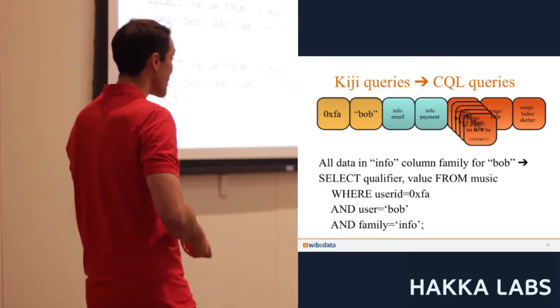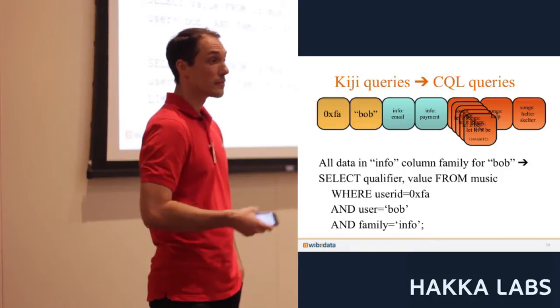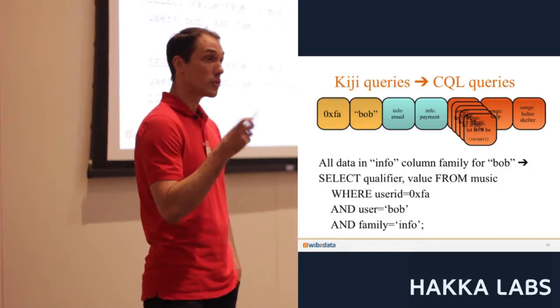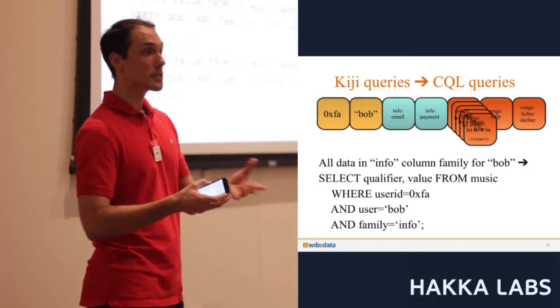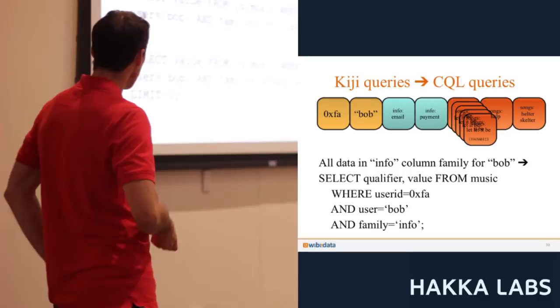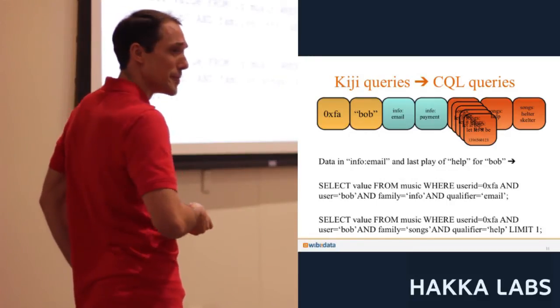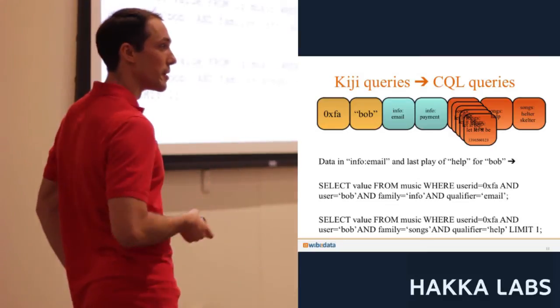Now, where this gets interesting is if you have to support a query that crosses locality groups, and therefore crosses your CQL tables. So let's say that maybe Bob's emailing his buddies with some information about the last time he listened to one of these songs, or he's posting it on Twitter or something like that.